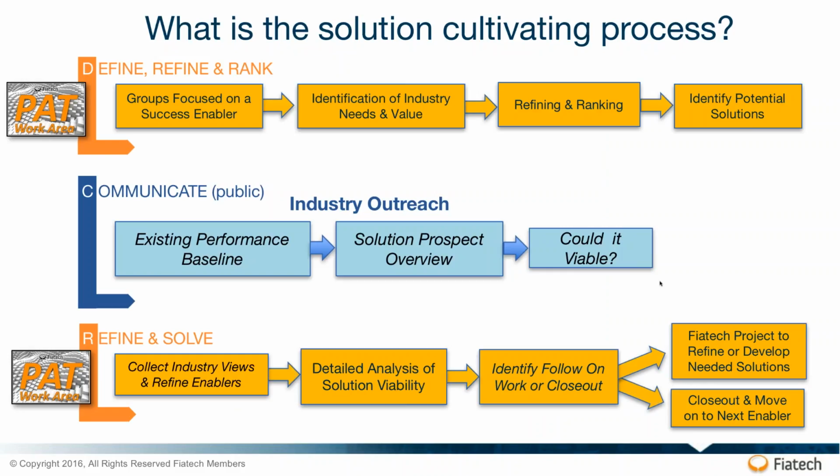So what we're talking about here is a define, refine, and rank process, where you have groups focused on success enablers and how they look, what the relevance is to the industry, what value it brings to the industry, whether it can be refined in any way, how important it is, and then what kind of solutions would make sense. You may have a checklist of what you'd like to see as far as solutions, or you may have 4 or 5 different solution platforms and how they look with respect to those checklists.